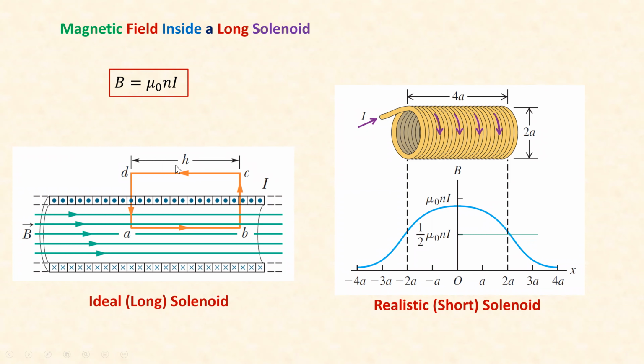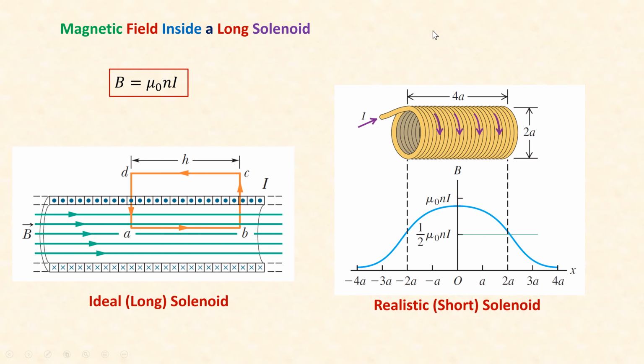You can apply Ampere's law to a loop like this, and you can get this equation. And this is a figure that shows that this is approximate. This mu naught N I is this. But of course, because this is not infinite, it's not an ideal solenoid, it becomes less than that in the middle. If you go to the sides, it becomes even less than that.